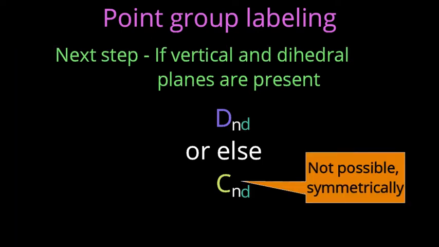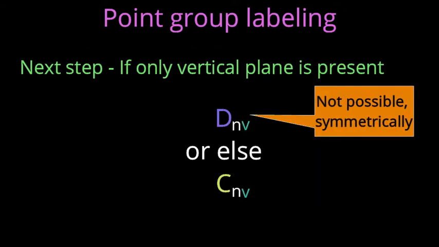But suppose horizontal plane is not there. Only two planes are there, vertical and dihedral. Then who has a priority? Dihedral has the priority. So there we will represent it as Cnd, which is not possible but understand, and other Dnd. For cyclic point group, existence of dihedral plane is not possible. It means Cnd is not possible from symmetrical point of view.